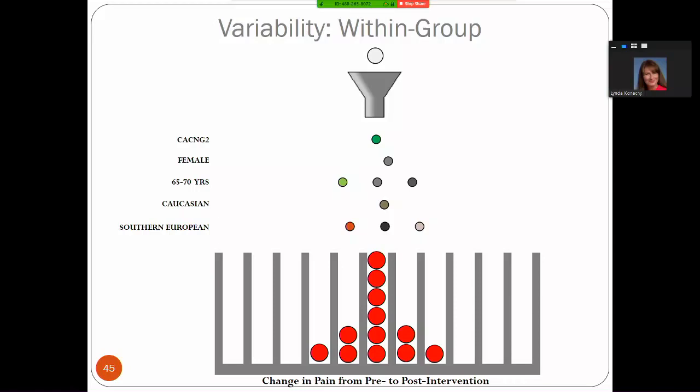So we could limit it only to those patients who had a genotype that has been shown to correlate with pain report. We could use only females 65 to 70 years of age, only Caucasians, and only those Caucasians with Southern European ancestry. And we'd get something like this. So we would have decreased the noise.